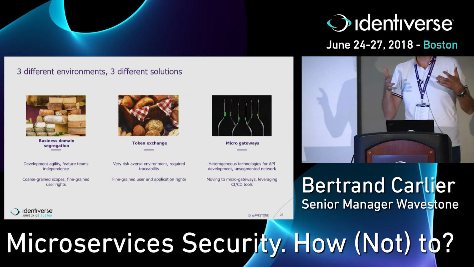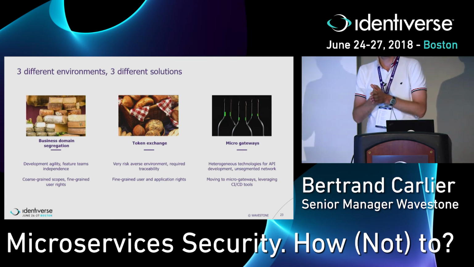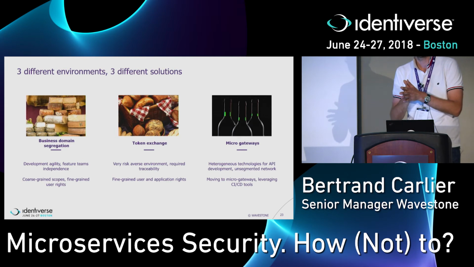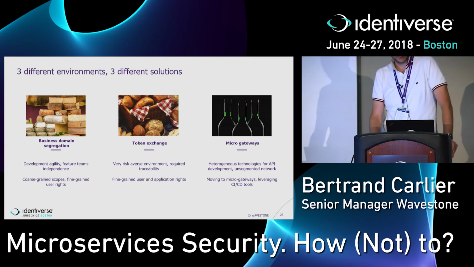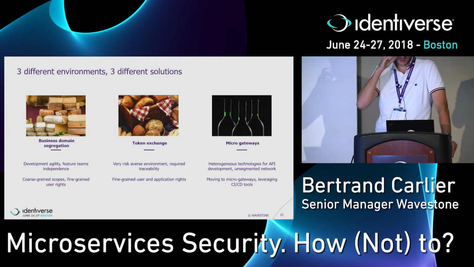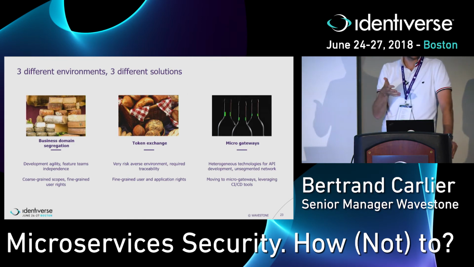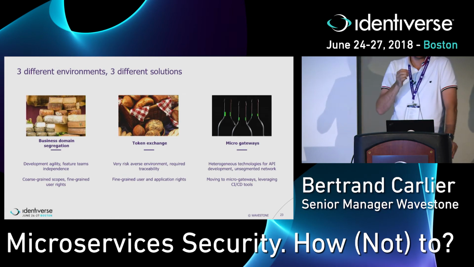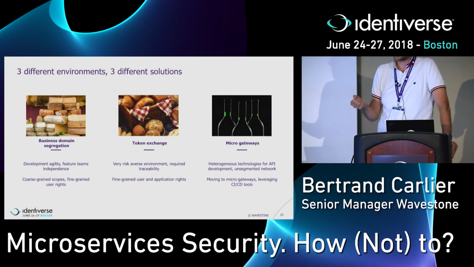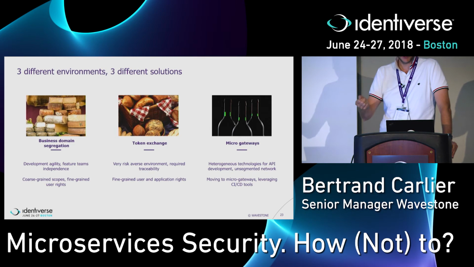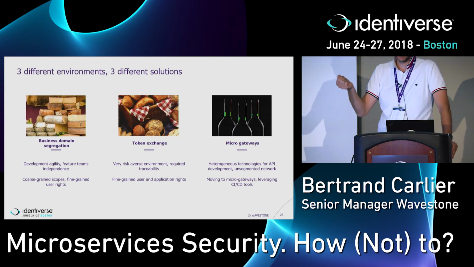So as you can see, these are three very different environments where we came up with three very different solutions. Because the premises, the assumptions at the beginning are different, we wanted to maximize development agility for developers, and we wanted to have independence between feature teams in the first case, and we came up with business domain segregation and coarse-grained scopes and fine-grained user rights enforcement. In a very strongly regulated environment, very risk-averse, we came with the token exchange pattern, and that's what we used, and actually we don't use it to its full extent.